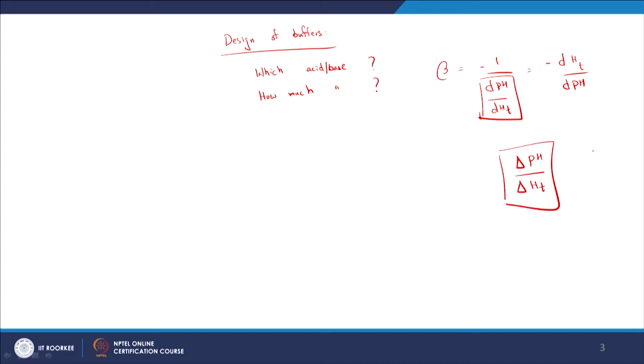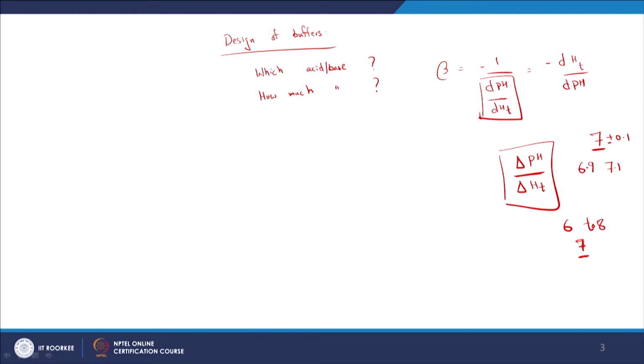If you are trying to buffer a system at pH 7 and you are only fine with 6.9 to 7.1, plus or minus 0.1, you will have a particular buffer intensity. If you are okay with 6 to 8, when you want to buffer the system at 7, you will have a lesser buffer intensity.